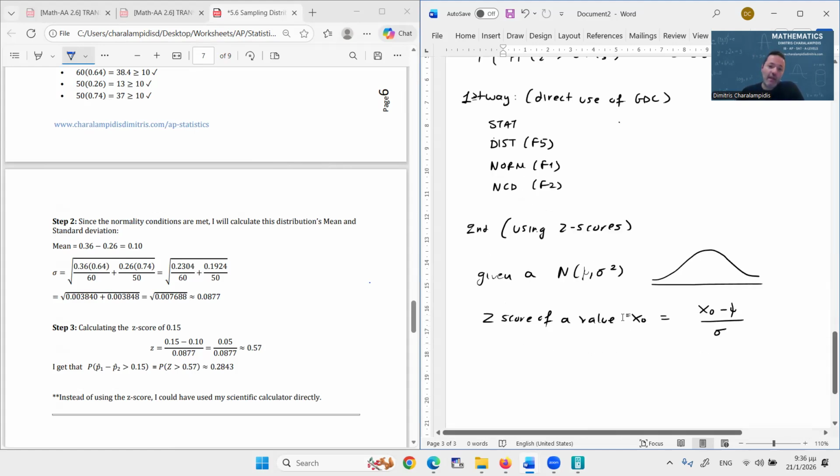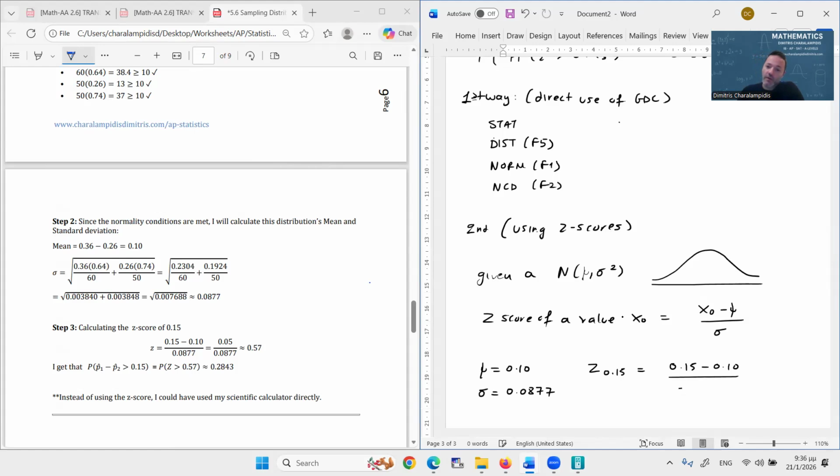This means that for me, where the mean is 0.10 and the standard deviation is 0.0877, the z-score of 0.15 would be 0.15 minus 0.10 over 0.0877.